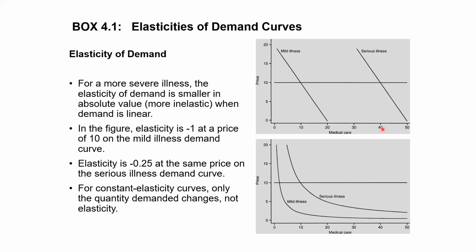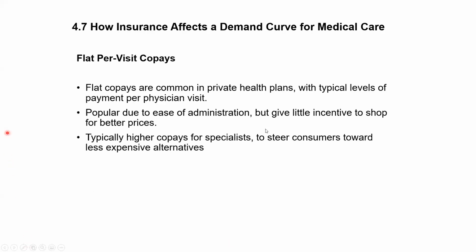For some more severe illness, the elasticity of demand is smaller in absolute value when the demand is linear. Right. For constant elasticity curves, only the quantity demanded changes, no? Not actually the elasticity. So the elasticity remains the same.